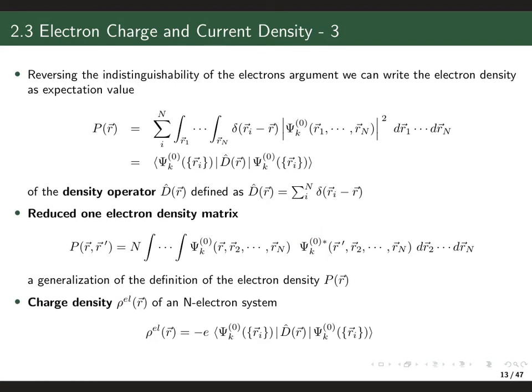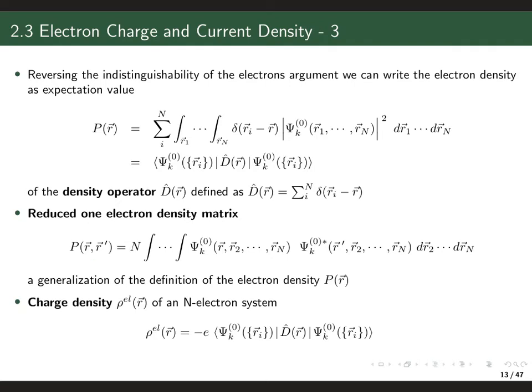So we have now a quantity which depends not only on one position vector, but on two position vectors, therefore it's called a matrix. Although this is quite a generalized definition of a matrix because the two indices, if you would call these the indices, are continuous variables.